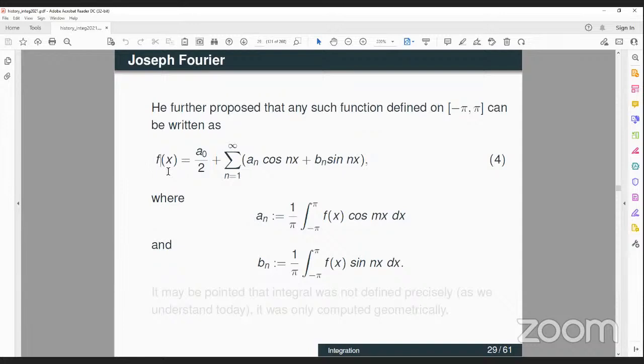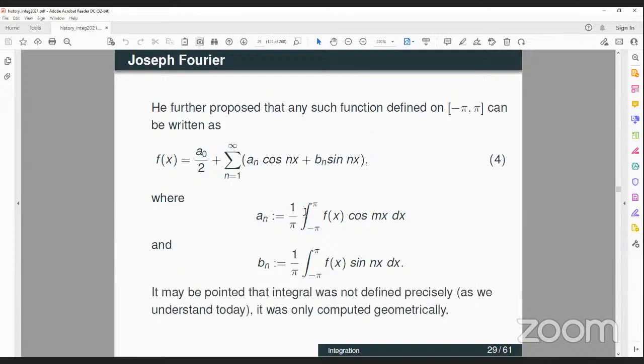He also believed that this a_n should be the integral of f(x) cos nx, and b_n is the integral from minus pi to pi of f(x) sin nx, right? Once again, the integral was not defined precisely; it was only computed geometrically.